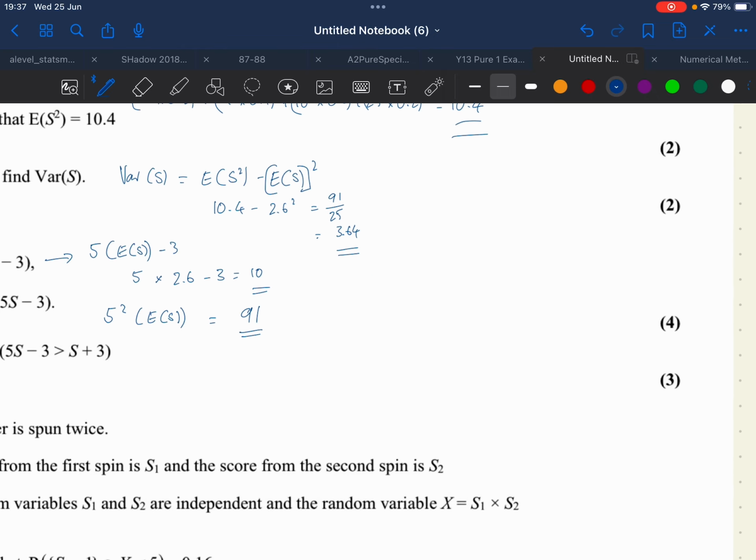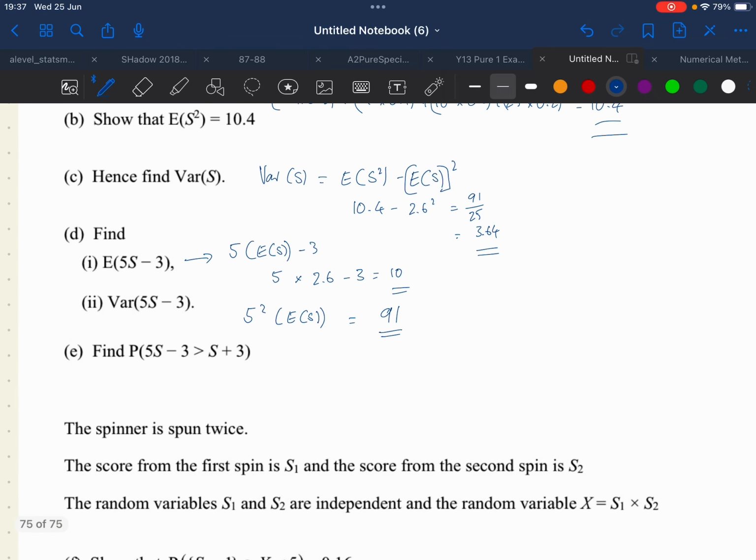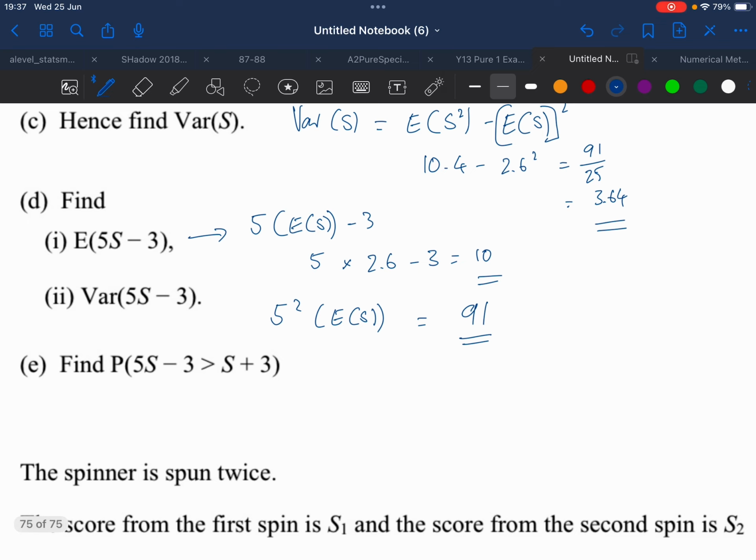What's this one here? So this is an example where maybe simplifying the inequality makes sense. So if you take away an s from both sides, you get... Do I want to do that? Yeah, I suppose so. So 4s is greater than 6. So when is s greater than 1.5?